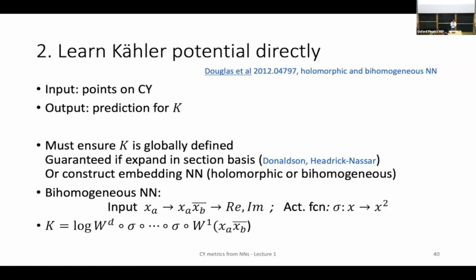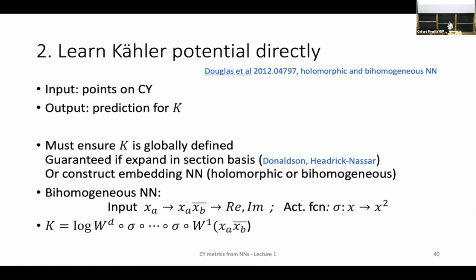So what is done in what is known as the bihomogeneous network, which is the experiment I will show next, is that you input into your network this combination of coordinates times complex conjugate of the coordinates, and take the real and imaginary part of that in order to have real things in your network. And then you use as an activation function not the sigmoid or the tanh or something like that, but something that also preserves the homogeneity, or that gives you something that has a given homogeneity.